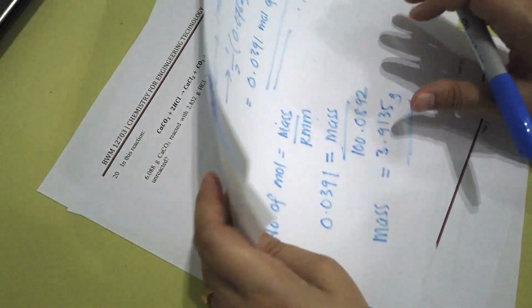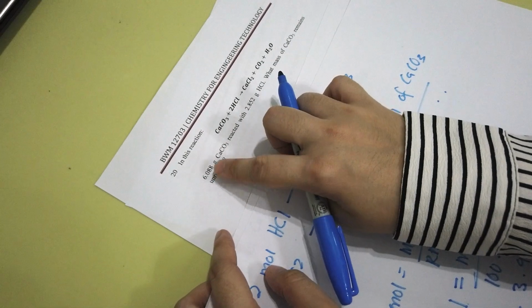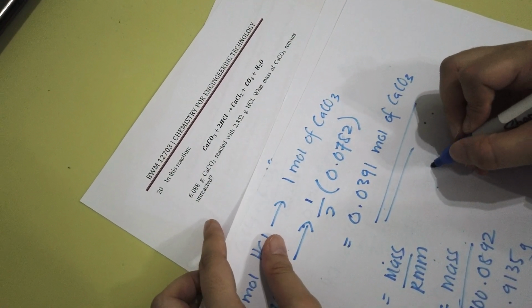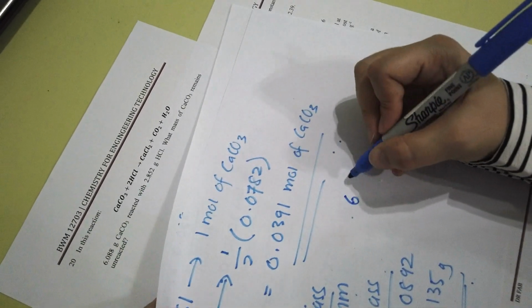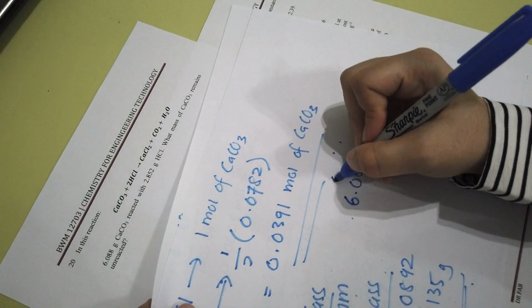So, and then we check back on the question here. Initially, the mass of CaCO3 is 6.088. So this one is the initial.